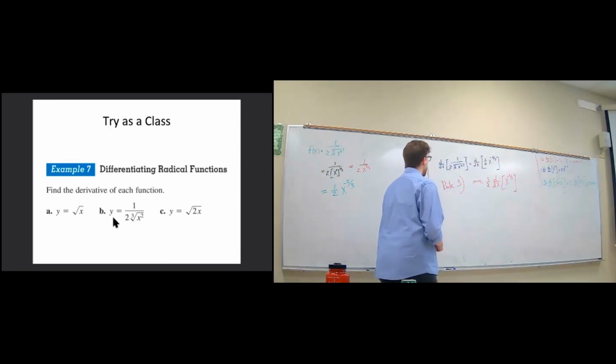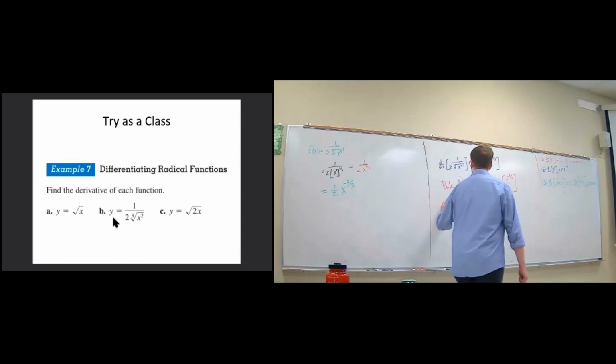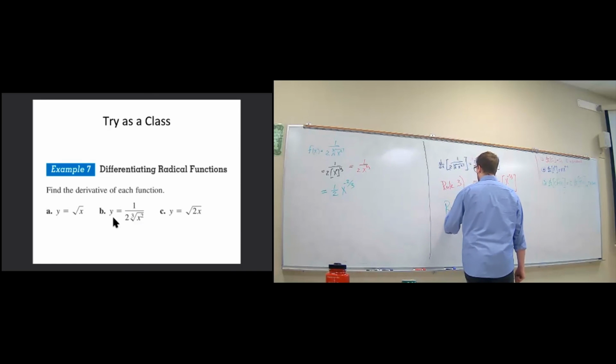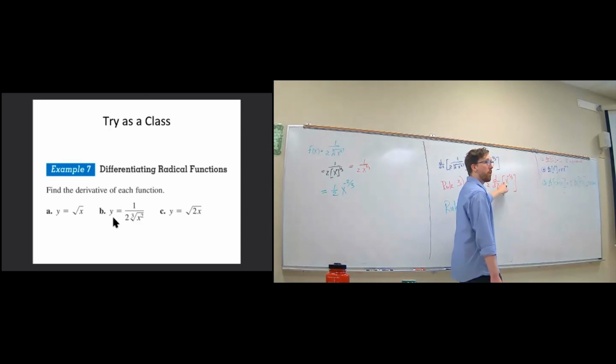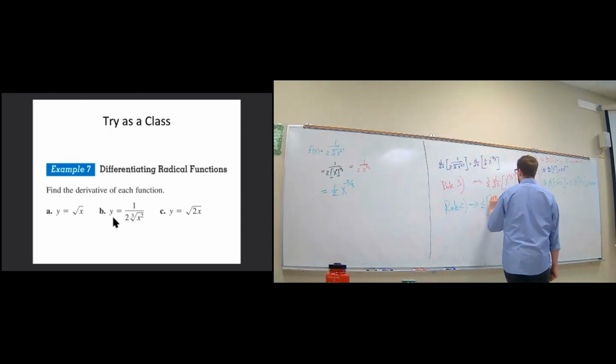Now, the power rule tells us that we can drop the power, right, down to a constant, make it -2/3 times x raised to that same power minus 1.